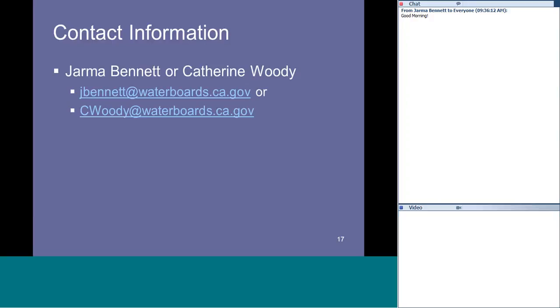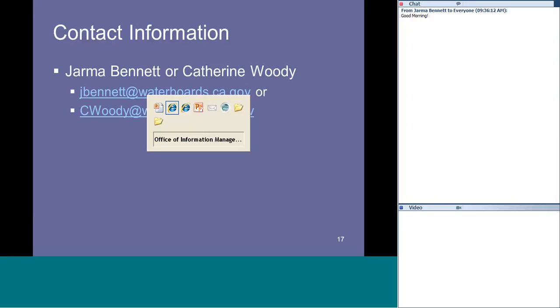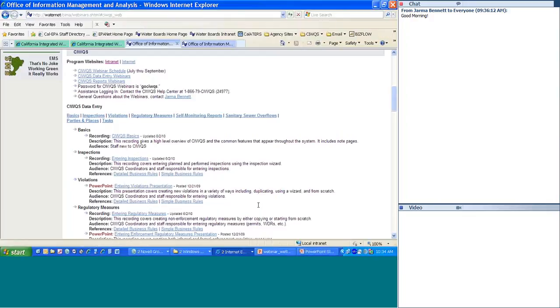Jarma, this is Gary. I was giving my staff a heads-up training yesterday before this, and I have a question regarding the statuses, reg measure statuses. The wizard has lots of them, or a couple extras like denied without prejudice and so forth.